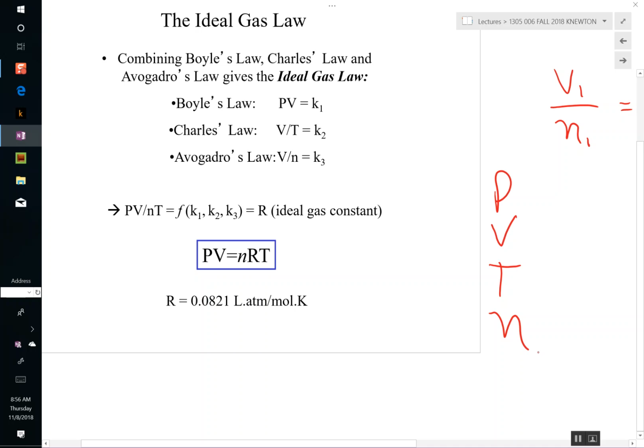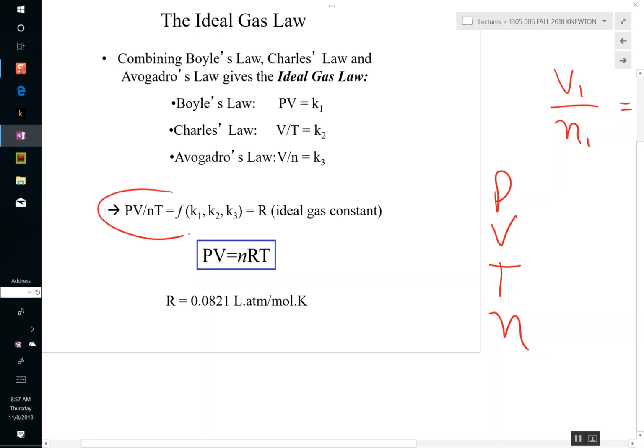I said gases are going to deal with pressure, volume, temperature, and the moles of gas. So we've got Boyle's law showing that PV equals a constant. Charles' law, V divided by T equals a constant. Avogadro's law, volume divided by the moles is a constant.